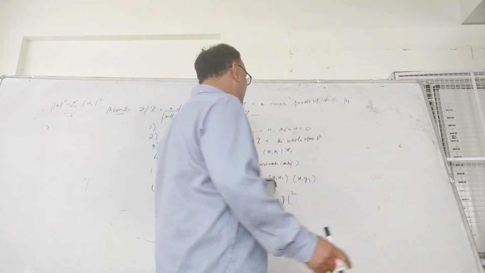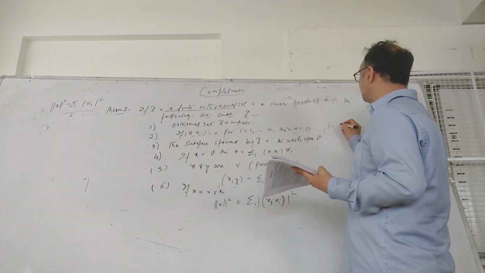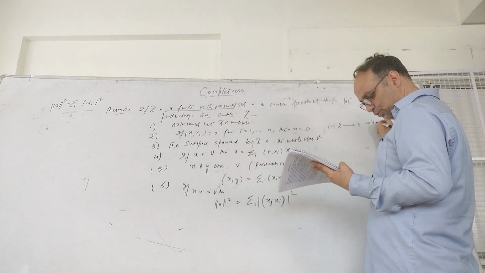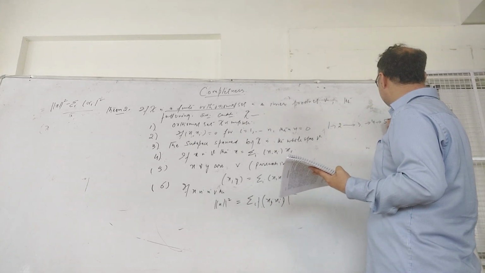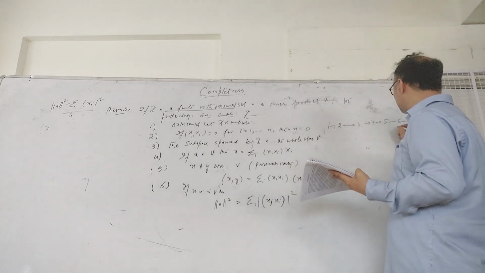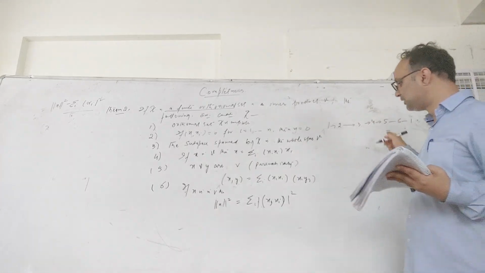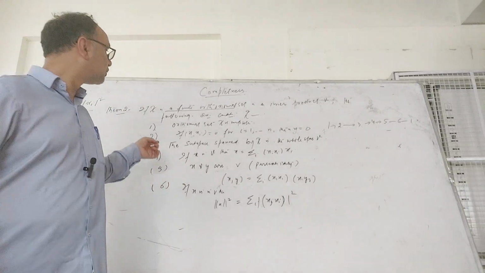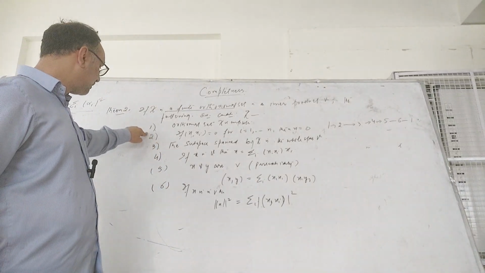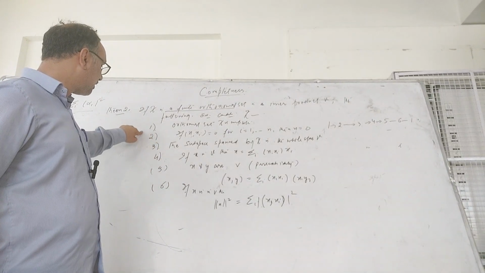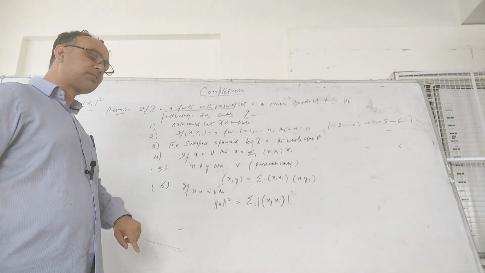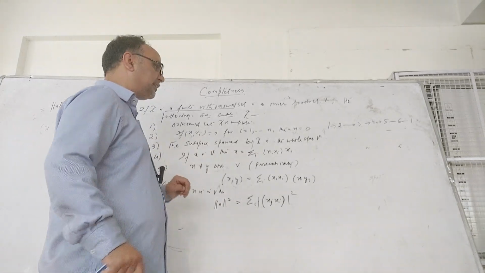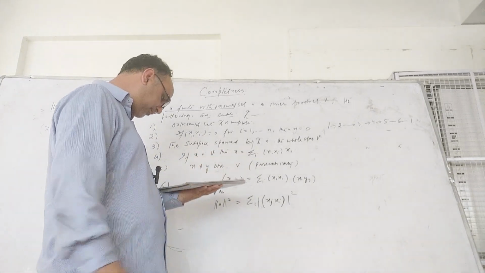So 1 goes to 2, goes to 3, 3 follows 4, follows 5, follows 6, and 6 follows 1. In a sense, that completes the proof also. You can begin and come back to where you started.